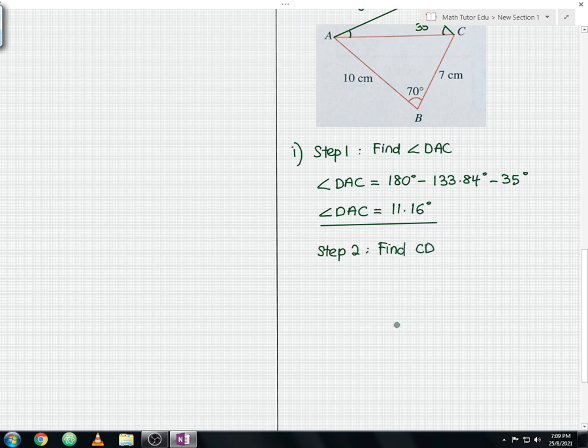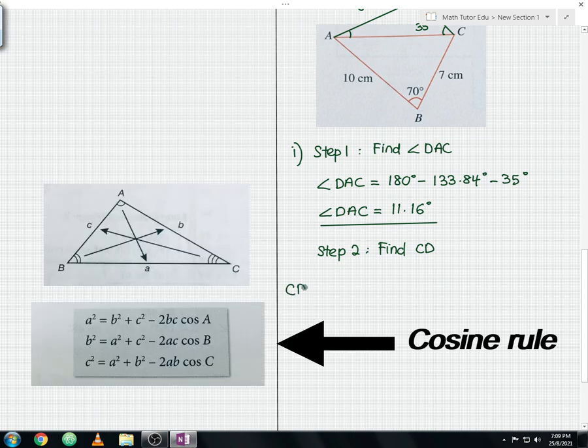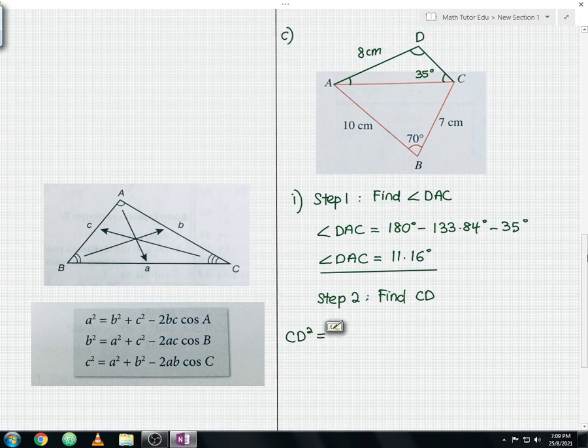Okay, so by using the cosine rule, so from here CD square will be equals to, okay, so from here 8 square plus with 10.06 square minus 2 times with 8 times with 10.06, okay, and then you times with cos 11.16 degree.